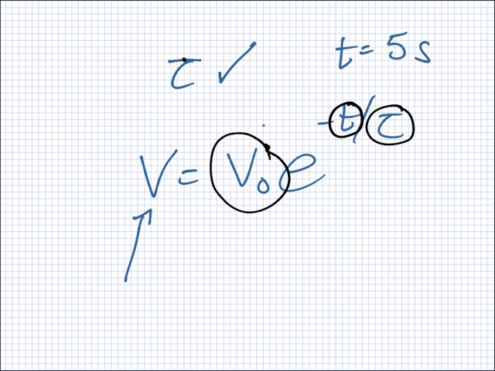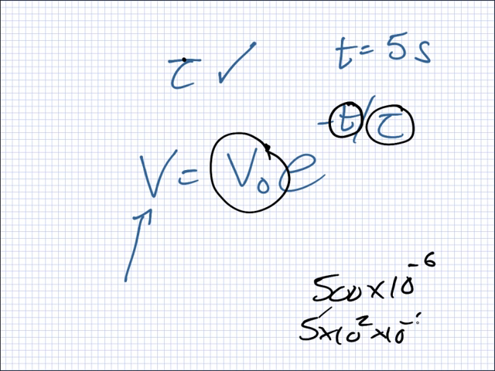So it's 5 multiplied by 500 times 10 to the minus 6. That's 5 times 10 to the minus 4 volts. Okay. What about the current?